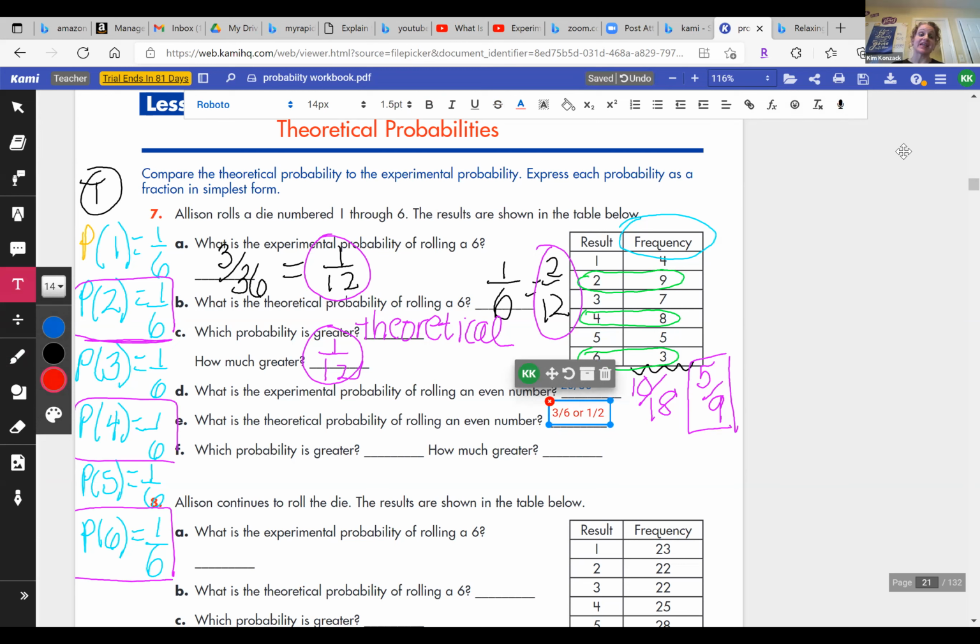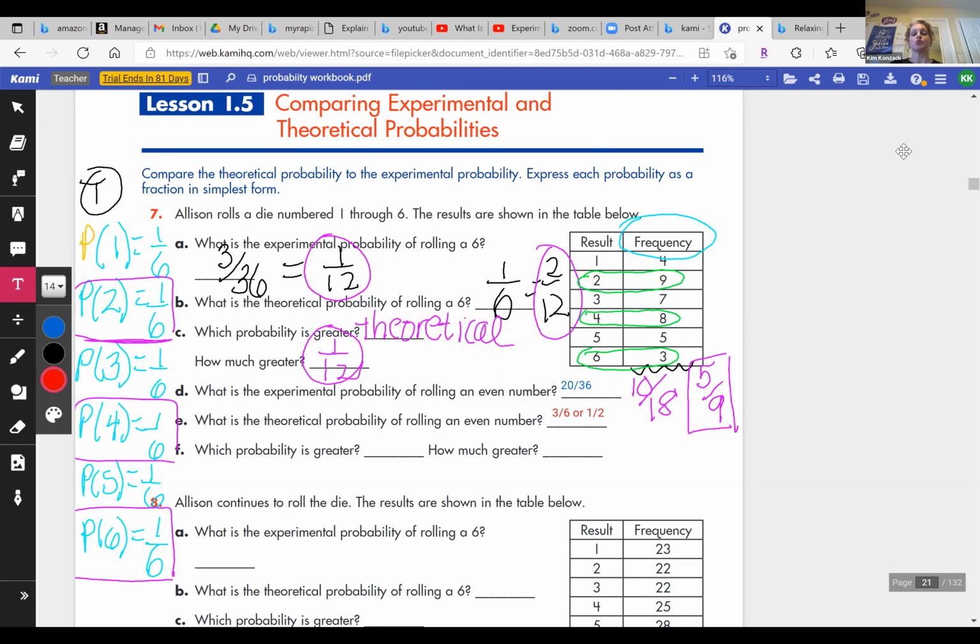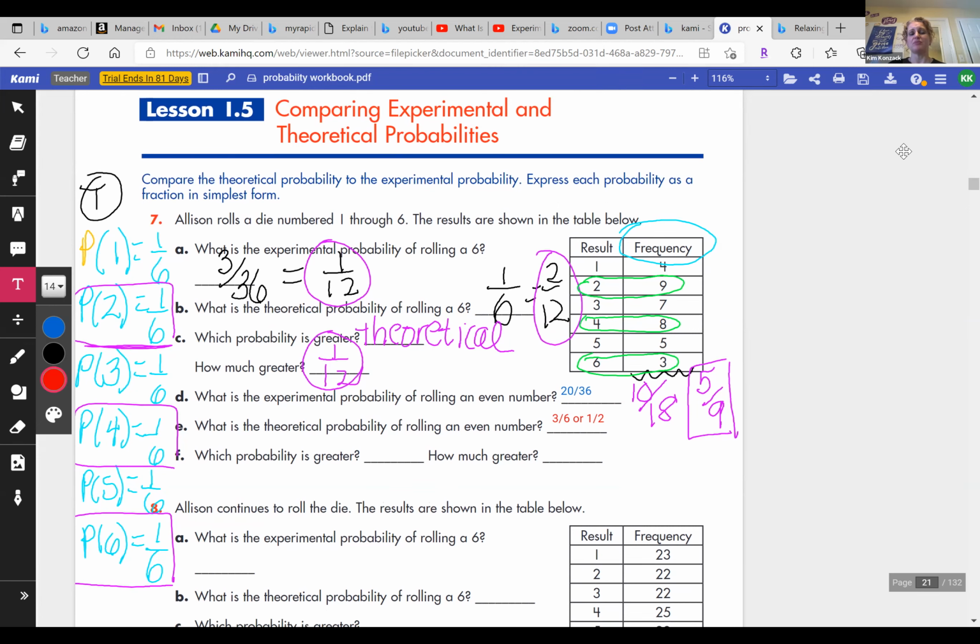Okay, now it's saying how much greater. So now you have to compare the fractions. You're comparing 5 out of 9, or 20 out of 36, to 3 out of 6, however you want to do it, and get a common denominator. Lots of people know different tricks when comparing fractions, or some people just know by common sense.